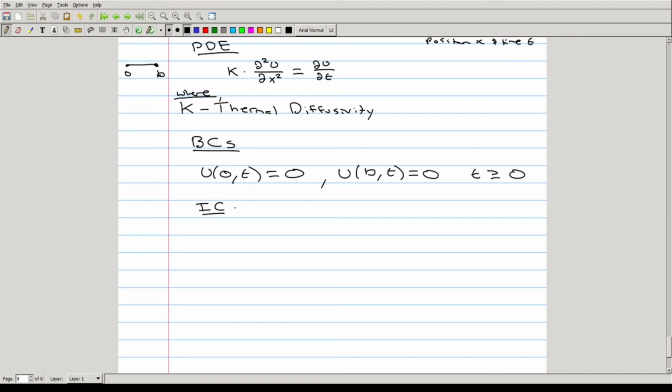We also have initial conditions as well, which means that at time t equals 0, the initial temperature distribution will be some function f of x.